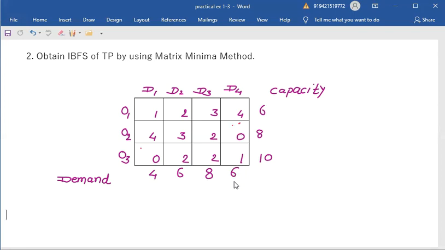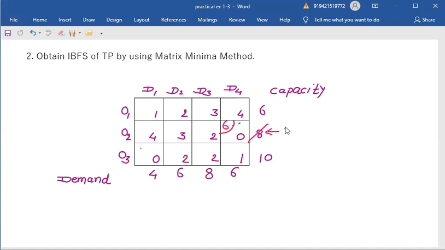So what is the requirement here? 6 units. How many units are available? 8 units. We can use the minimum of these two. So we can transport 6 units from the second factory to the fourth warehouse. Out of 8, 6 units are transported to warehouse number 4.